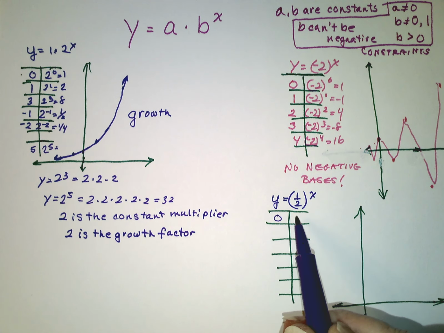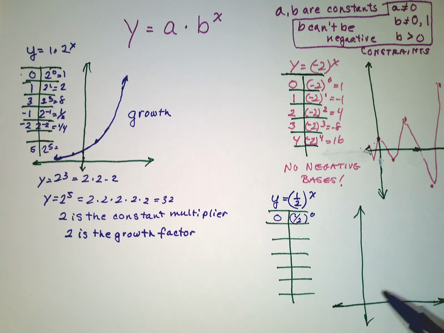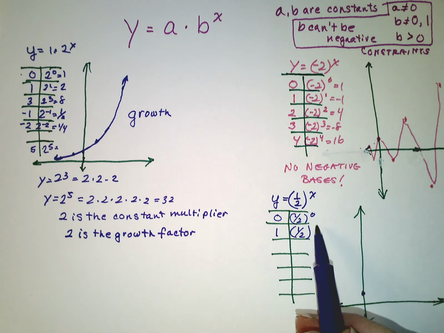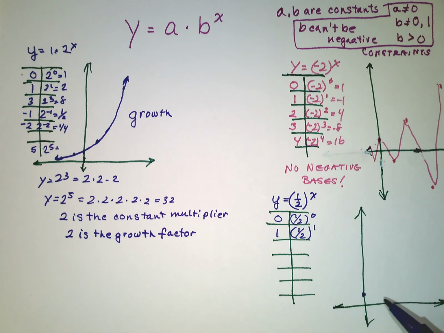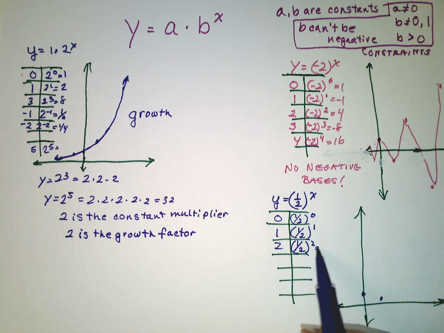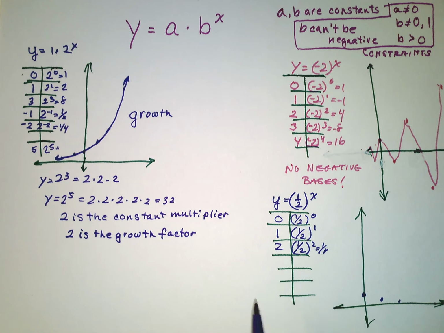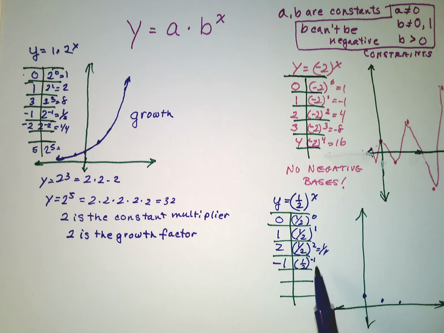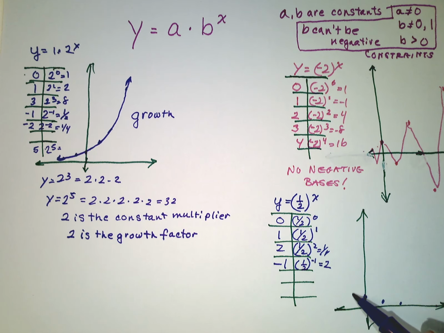If x equals 0, 1/2 to the 0 power is still 1. If x equals 1, I'm going to take a half to the first power. So that's a half. If x equals 2, we're going to be squaring a half. Oh, we're down to a fourth now. If x equals -1, we have 1/2 to the -1 power, but the -1 power means reciprocal. So that actually comes out to 2.